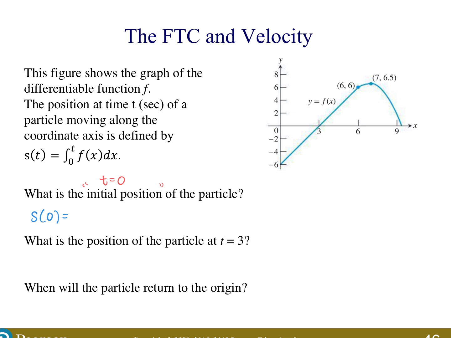Well, according to the given, the time is the upper bound. So we want to have our lower bound be 0 and our upper bound be 0 of f of x dx. And one of the basic properties is if you start and go nowhere, then you've achieved zero area. But that means that we are starting on the origin. It's sitting on the origin.